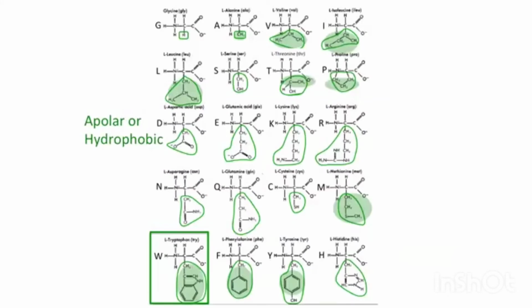Again, highlighted in green are the apolar or hydrophobic amino acids with their side chains outlined. Tryptophan is one of the aromatic amino acids. It's down on the left, highlighted in a green square, and you need to know it.